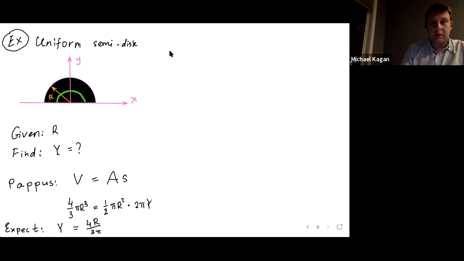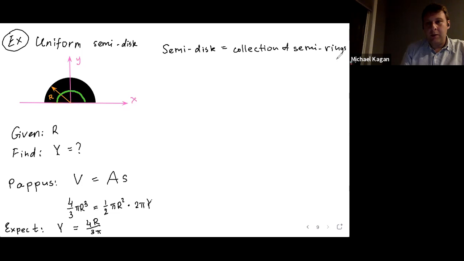Let's write it down. So the semi-disk is a collection of semi-rings. Now we need to come up with a nice way of labeling the objects.